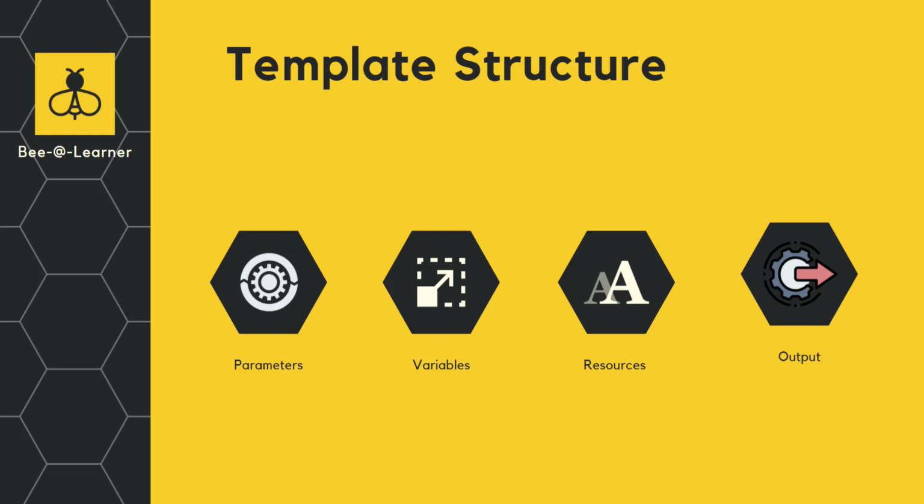So those are the values which I may want to override while deploying a particular SQL Resource Manager template onto the various environments. So if that's a need, you can define the parameters and then pass or override those parameters while calling the ARM templates. Next, you have the variables.